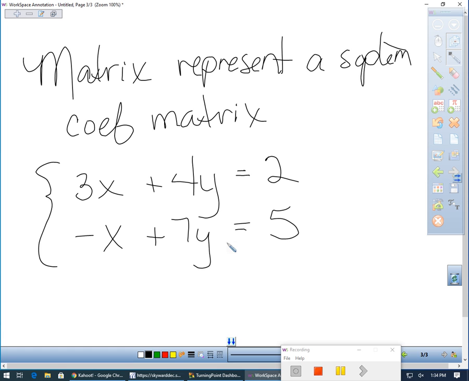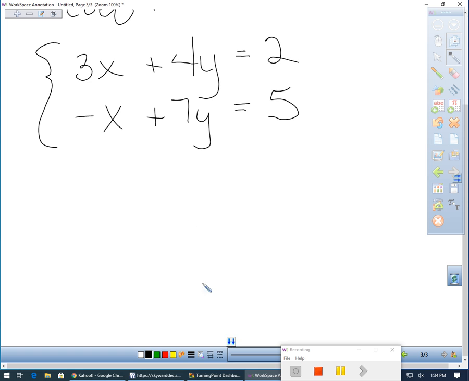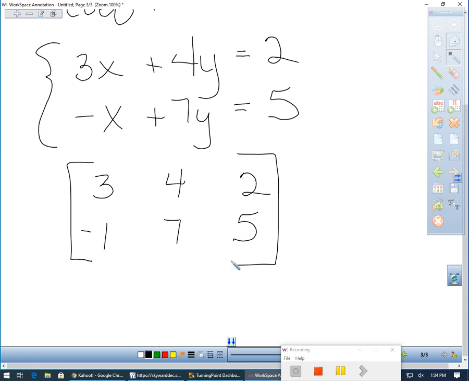We can take those coefficients in the numbers and put it into a matrix. All right, so the coefficient matrix for this would be 3, 4, 2. Second line would be negative 1, 7, 5. You're literally just taking the numbers and taking out the variables. That's all it is. It is easy enough. Okay?